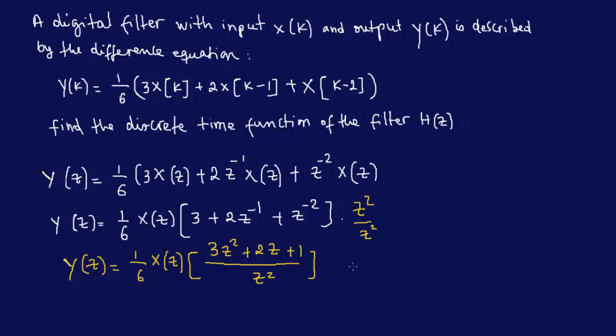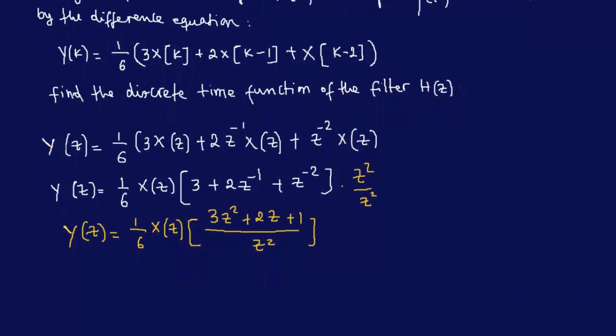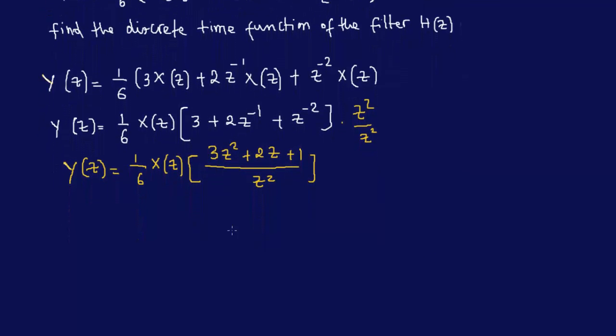So now we can go ahead and divide by x of z. We have y of z over x of z, and this is now h of z.